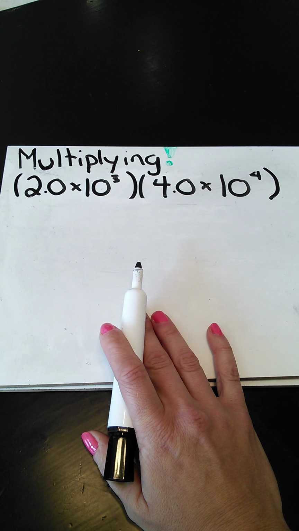And this ends up being equal. So this is another way of solving multiplication when using expressions already in scientific notation. So I'm going to give you another question here so you can practice.